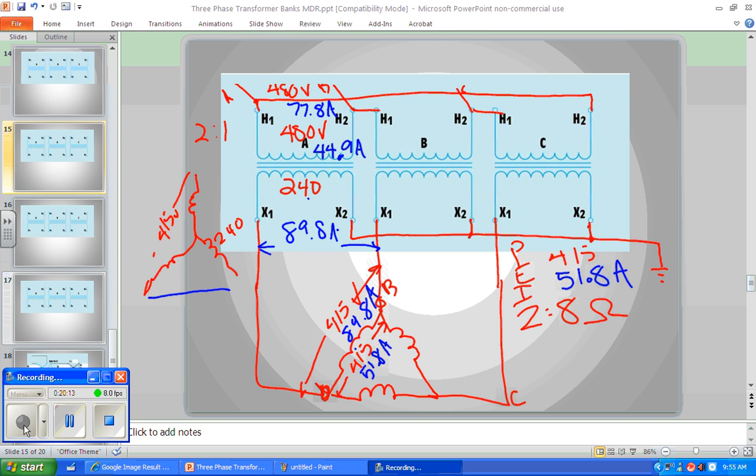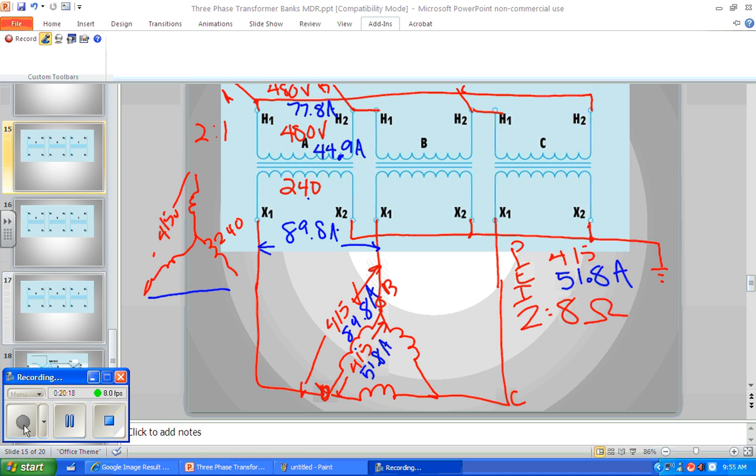Okay, the rule we're always following here is that the number of windings, oh, I just lost my writing space. That's not enough room. I'm going to just add a slide. Hang on one second.